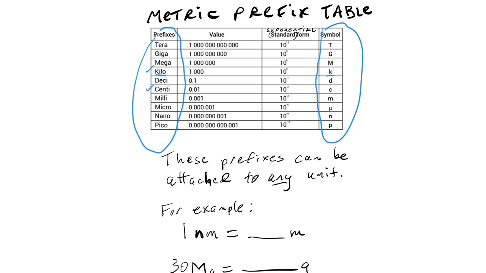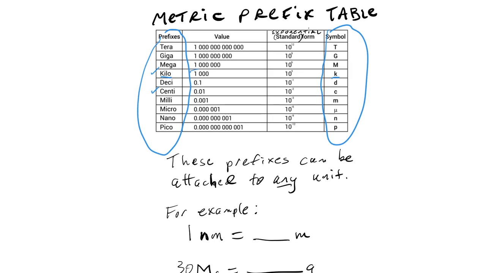Now, the prefix is substituted in there for a value. So kilo means 1,000. So a kilogram is equal to so many grams. Well, k stands for 1,000.